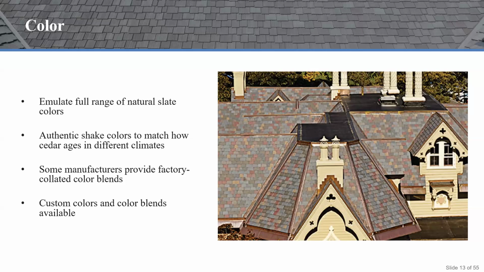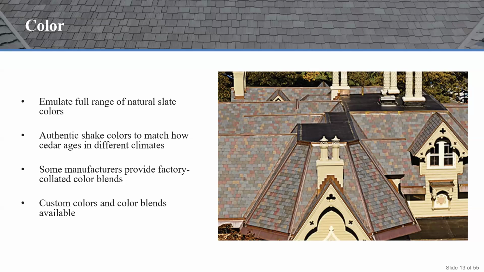So, there are a lot of manufacturers out there that will provide factory collated color blends. And what we mean by that is, if you were to order 3 different colors of natural slate, you're going to get shipped 3 different bundles or 3 different sets of that natural slate. What happens out in the field is then the installer typically needs to take that tile and sort it by hand.